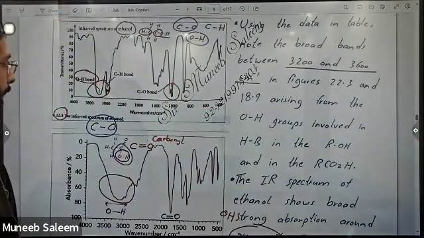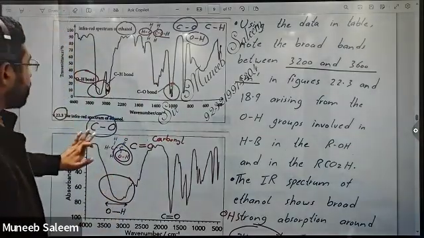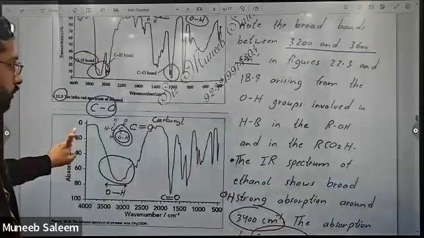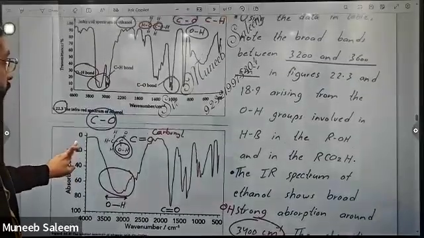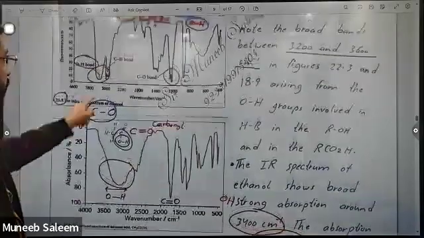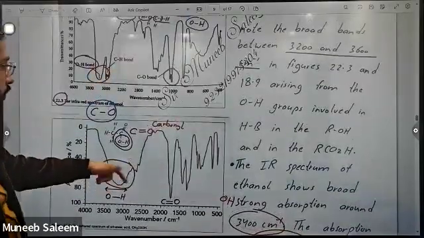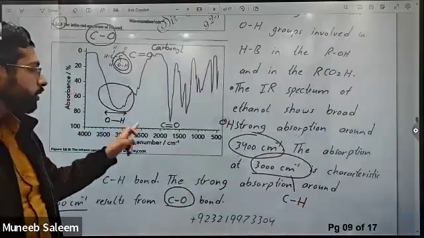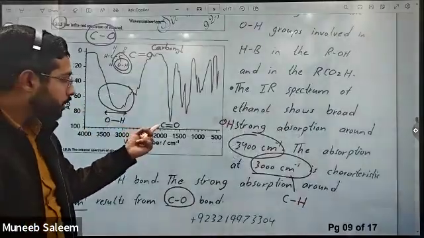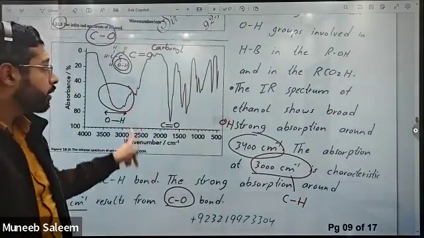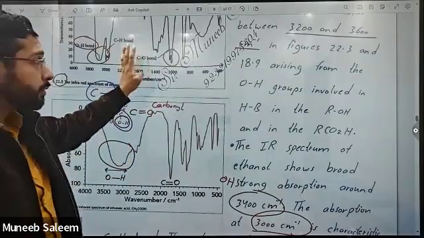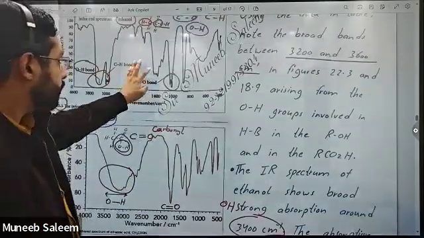Now, if we look at the carboxylic acid, then we do not see the peak of the CH bond over here because it is not that dominant here. But what is more prominent here is the carbonyl group peak, which is not present in the alcohol.